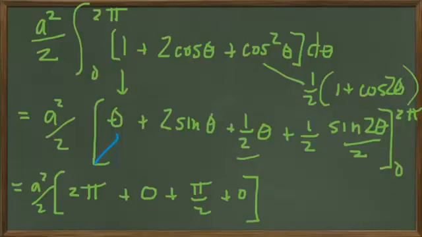So we've got 2 pi plus pi, which is 3 pi, and we get this result, 3 pi times a squared over 2.